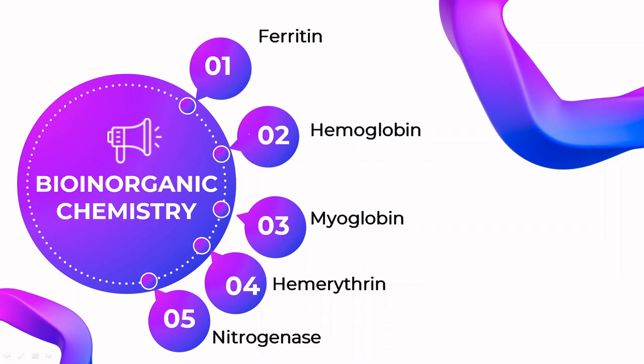You do concentrate on metalloenzymes, like carbonic anhydrase and carboxypeptidase. You also concentrate on hemoglobin, myoglobin, hemerythrin, nitrogenase, ferritin. So learn some important enzymes.